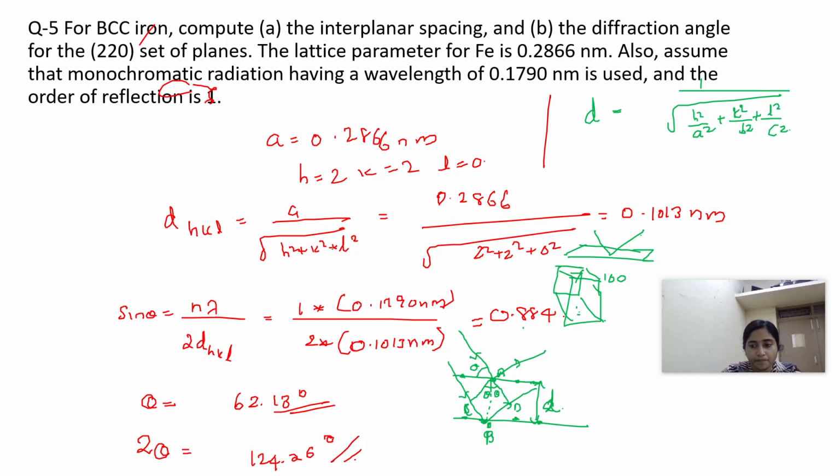How the plane is tilted, or how the plane looks, comes in the denominator term. And a is your unit cell length. So ultimately it represents the unit cell property, where the plane is, and how the light is incident on it.